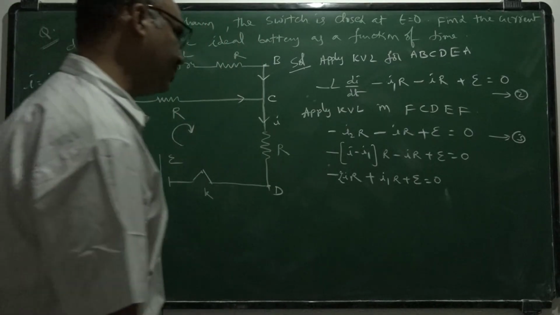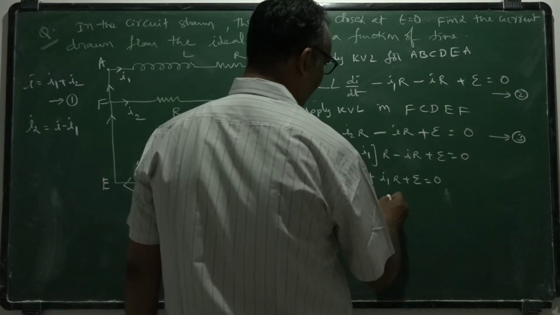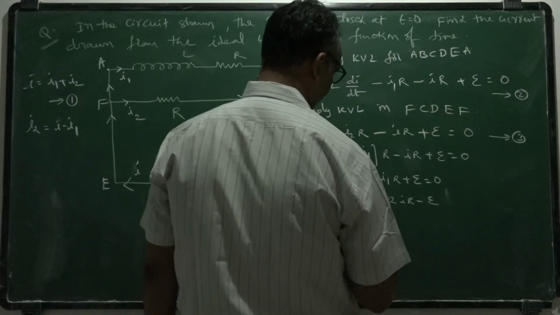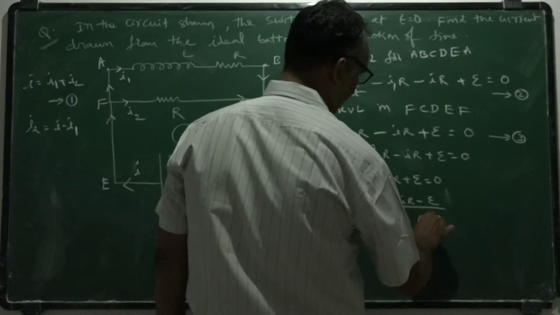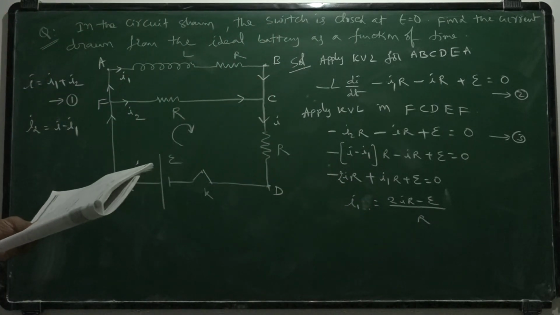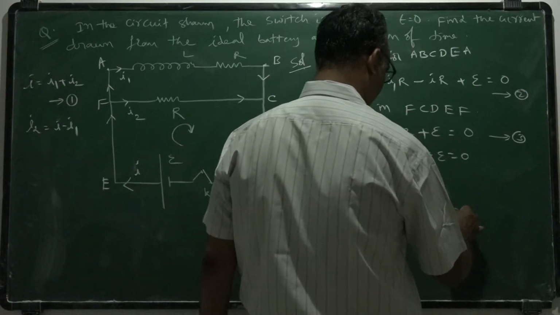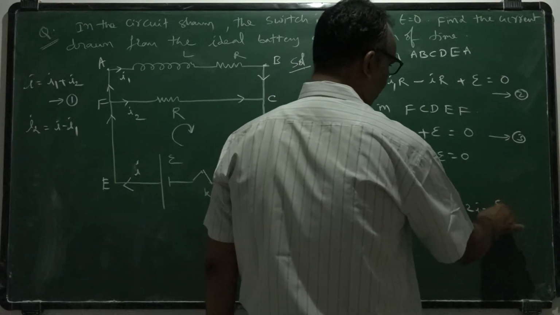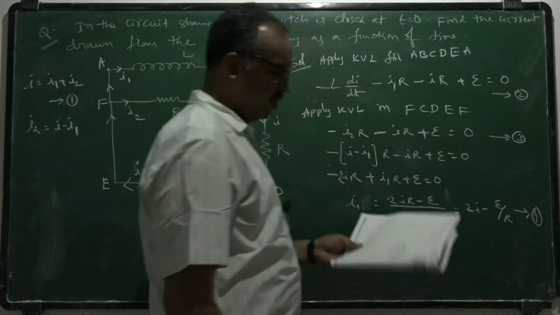So I1R can be written as 2IR minus E. This R you can take that side. I1 can be written as 2IR minus E by R. Otherwise, 2IR by R means 2I is left over, minus E by R. Equation number 4.